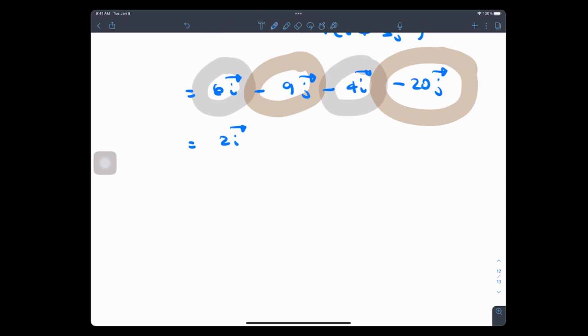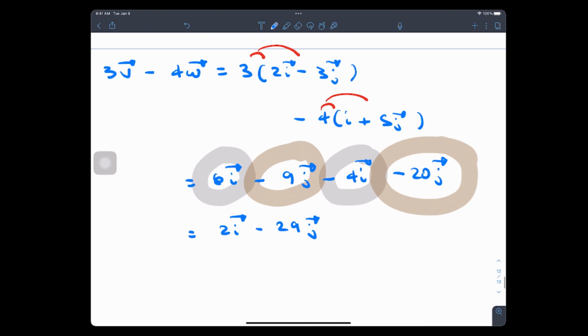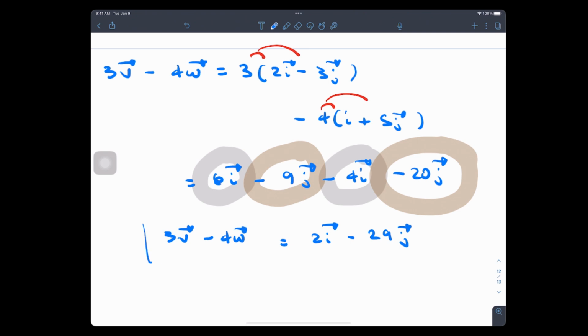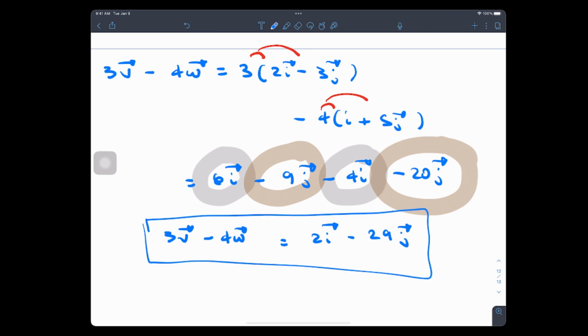So what's negative 9J minus 20J? That's negative what? 29J. So ladies and gentlemen, you're performing what's called vector arithmetic. You can do arithmetic with vectors. And nice. All righty. Yeah, let's go back.